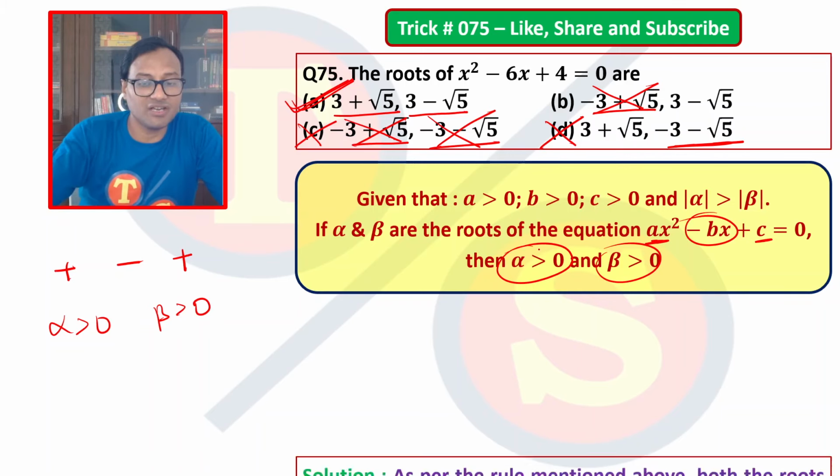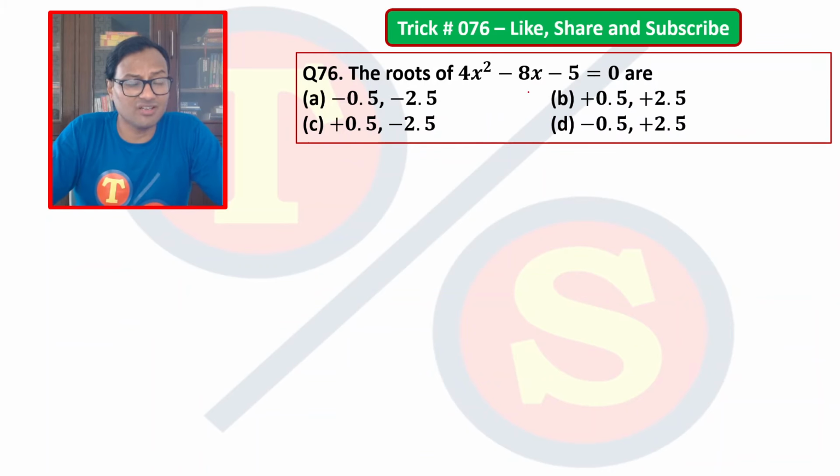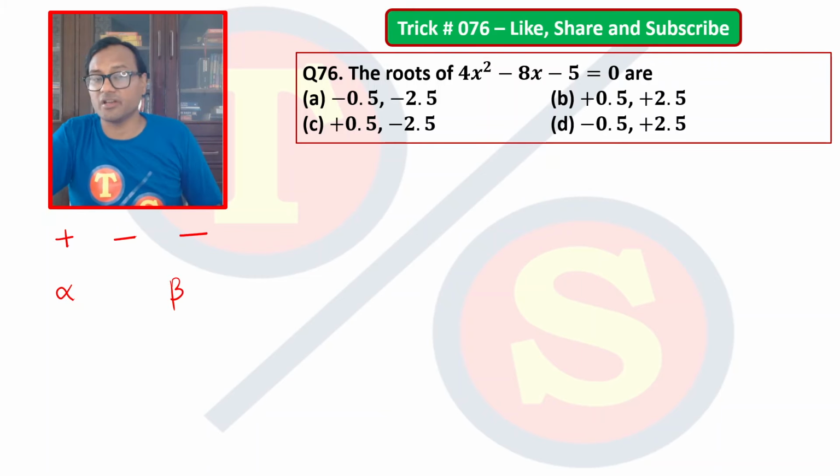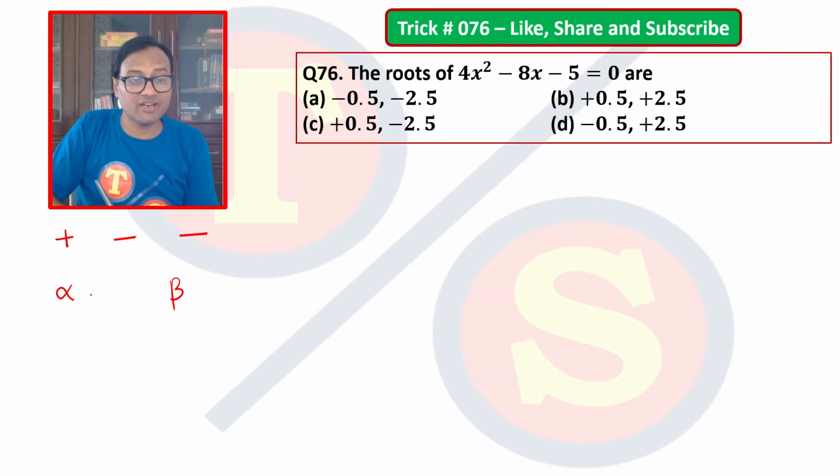After that, the third case is that the first term is positive, the second term is negative, and the third term is negative, right? In that case one root is definitely negative and the other root is definitely positive. But the root that has greater magnitude, in terms of absolute value, like if you see over here, out of 0.5 and 2.5, the greater number is 2.5.